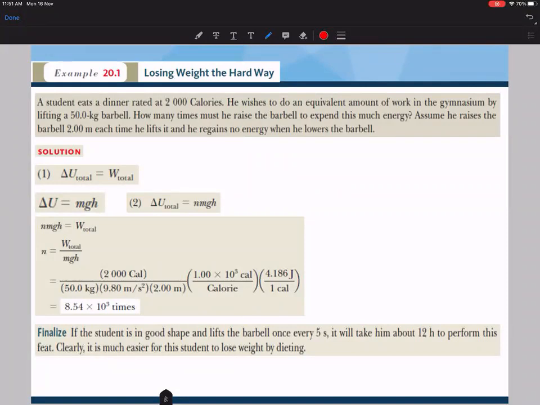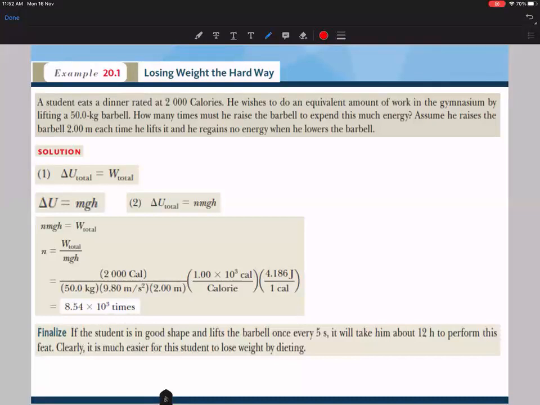So lifting the barbell once would consume a certain amount of work done. So in order to consume the 22,000 calories of energy, he has to raise the barbell a certain number of times. And we are now trying to see how many times it takes for him to raise the barbell.